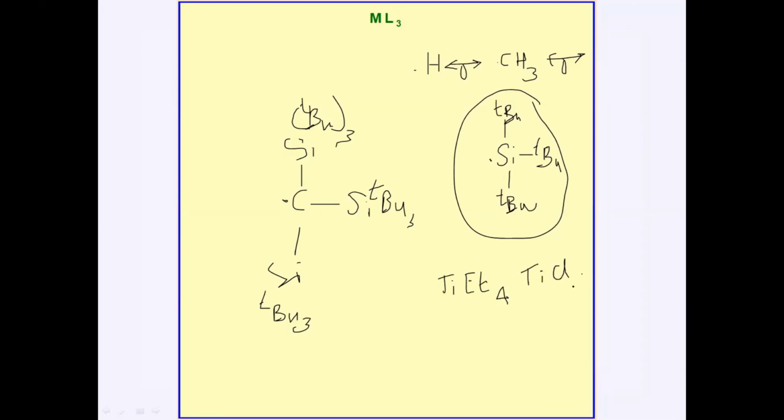You agree with me or not? Yes, sir. This exists. We can prepare TiCl4, but we cannot prepare TiEt4. This is totally unstable. The instability is because of beta hydride elimination. Therefore, you can try to synthesize the isolobal compound Si, Me, not Me.